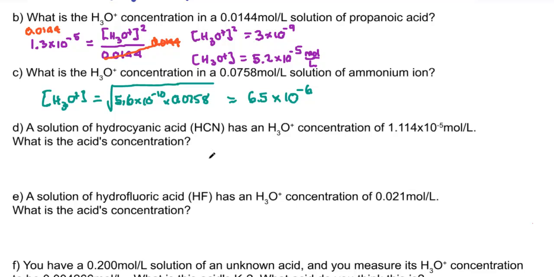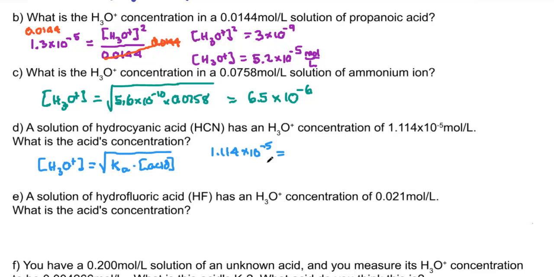Hydrocyanic acid. Oh, okay, now they change it up. Our formula says H3O equals root Ka times the concentration of the acid. Now look what they give us here. They tell us the H3O concentration. They just hand it to us. It's 1.114 times 10 to the minus 5.